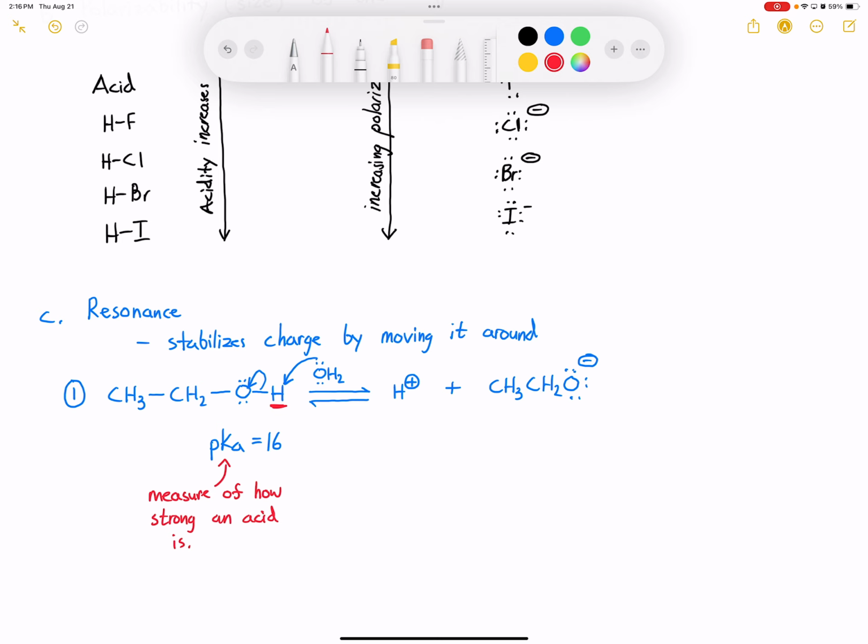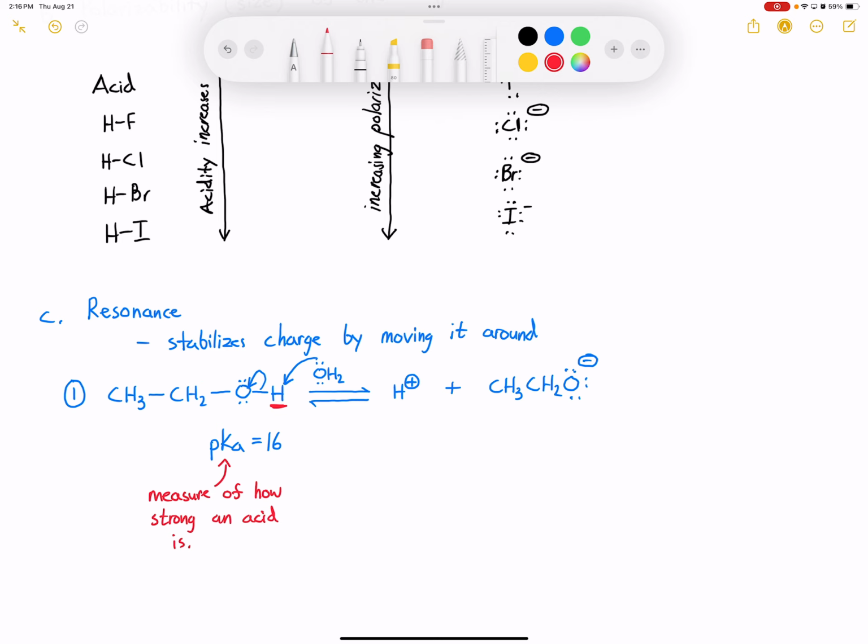Okay, so remember, pKa's are not directly comparable, right? A pKa of 16 versus a pKa of 4. You might think that's a change of just four times, but pKa is based on a log scale, so you can't consider that.